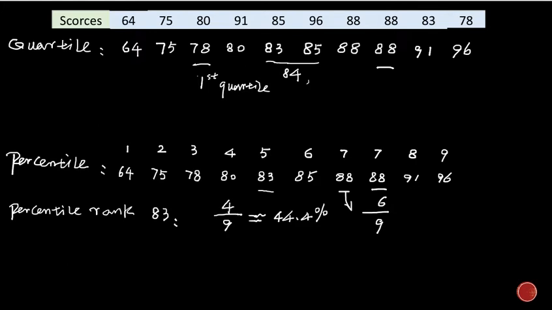Okay, 6 over 9 is approximately equal to 66.7%. So how about the percentile rank of 96? By convention, the percentile rank of 96, because it is the highest score, is actually 100%.